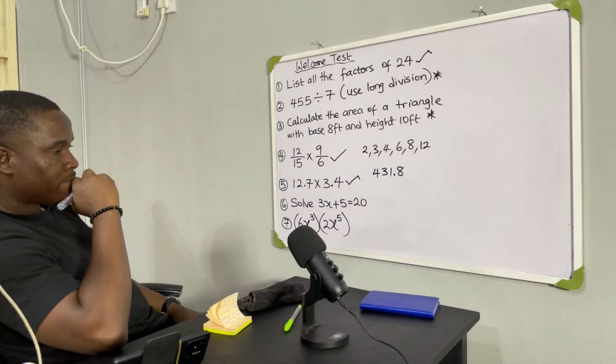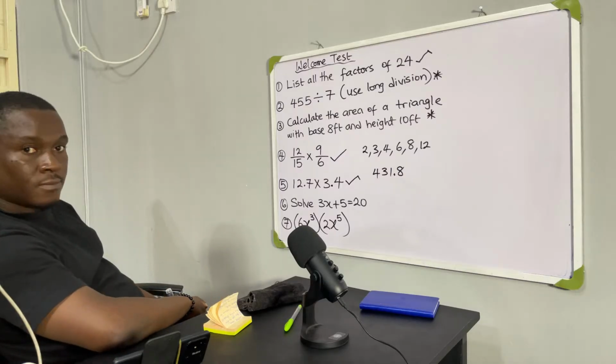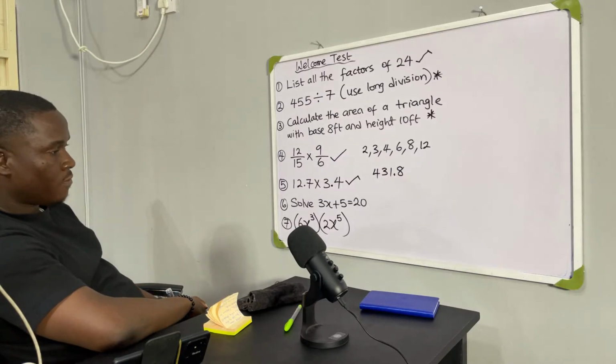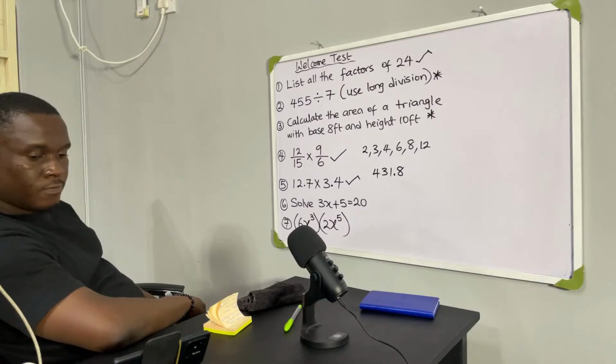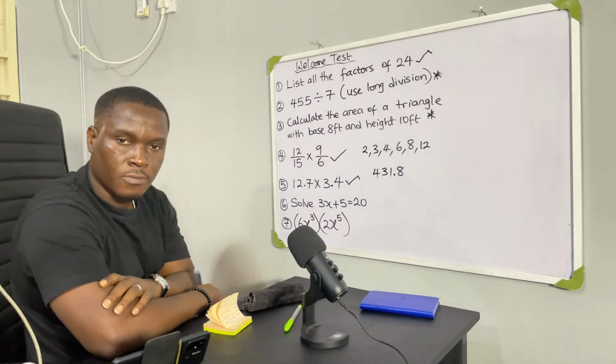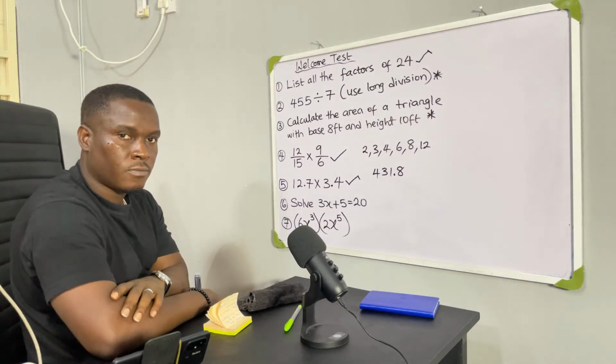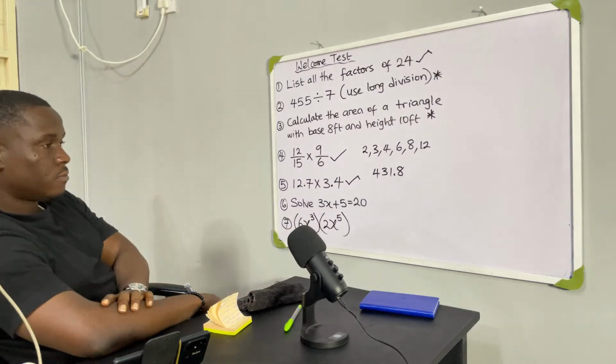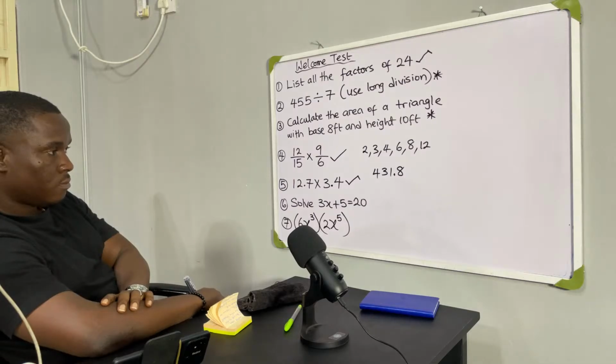Okay, so for number 6, I'm not sure. My answer is 12. How did you go about it? So what I did was, when we have 20, I put the minus behind 20 and then move the 5. And then that equals 3x.